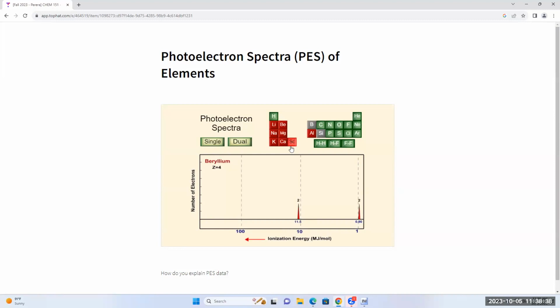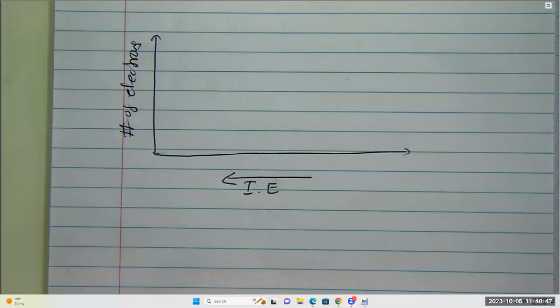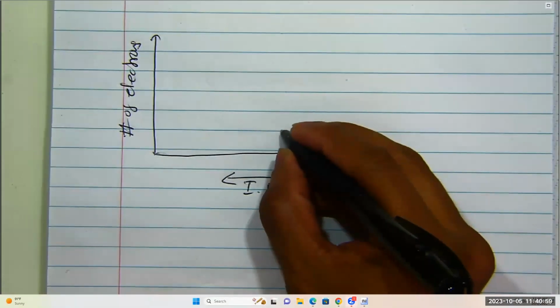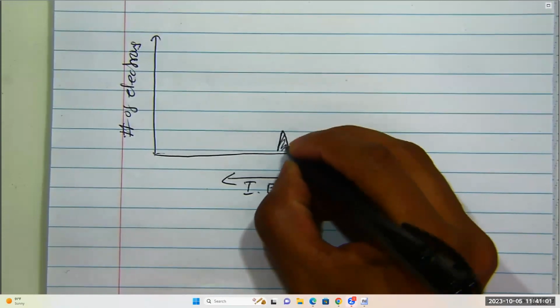Now I want you to draw on your whiteboards the photoelectron spectrum of carbon. According to the shell model, carbon is in the second period, meaning it has 2 shells. In the first shell, you can only have up to 2 electrons, so I'm going to draw a Christmas tree there.